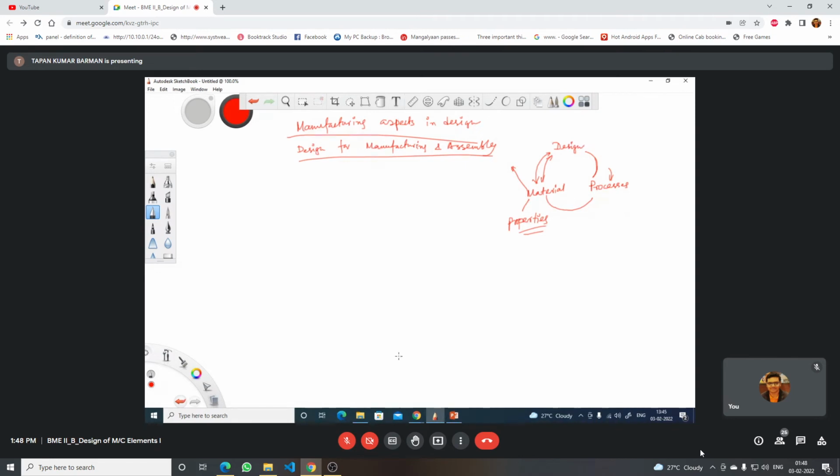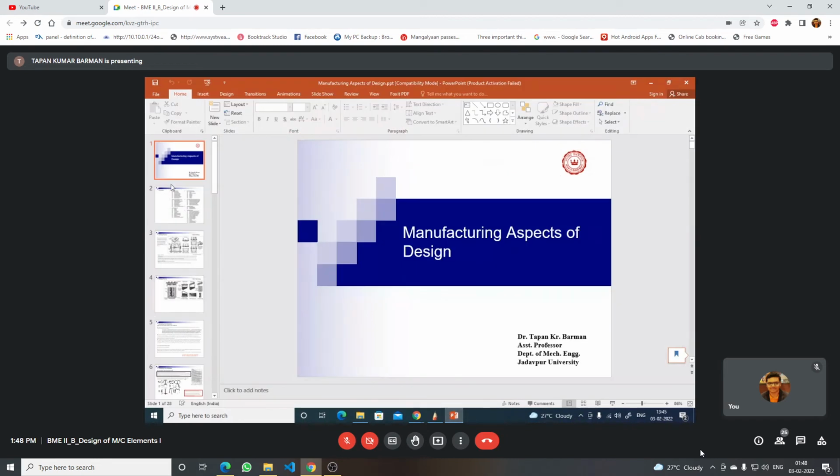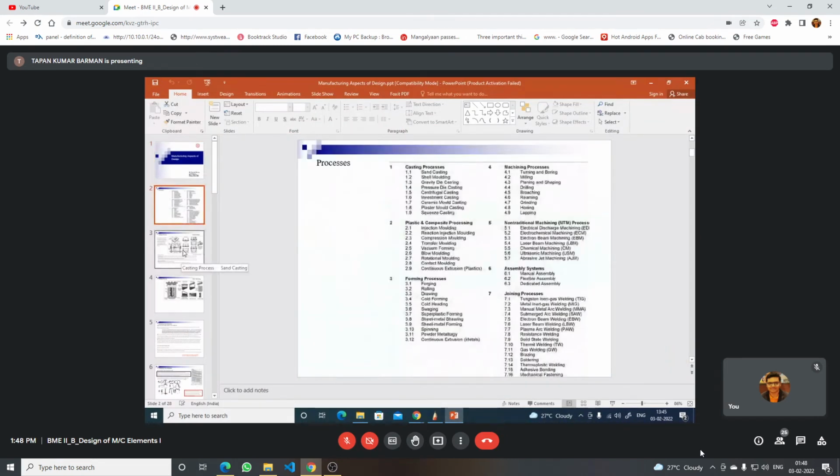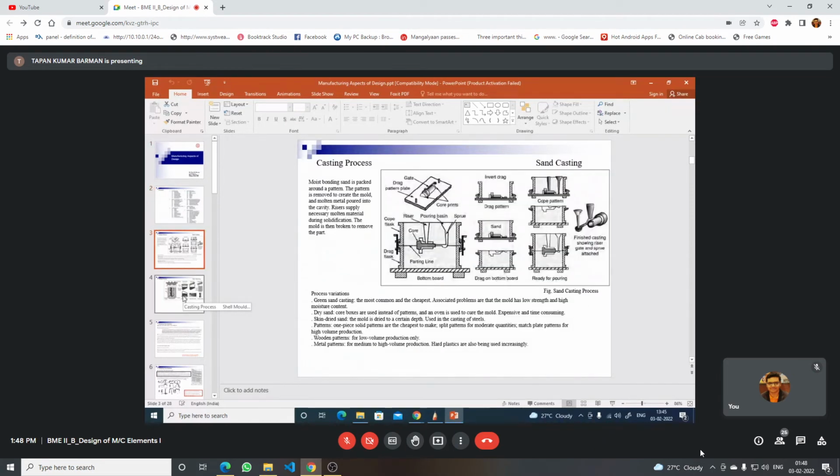At PG level, there is one subject called manufacturing aspects in design. So I am sharing the screen here with you. Though there are many points, I am coming to one or two points there. And from here, you have to write one short note on why manufacturing aspects in design is important.